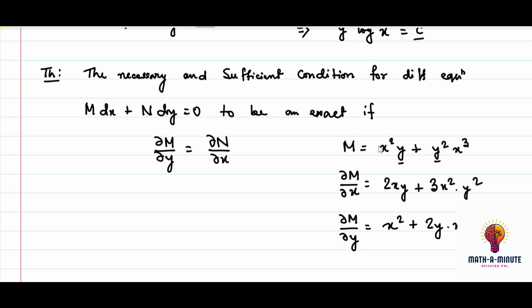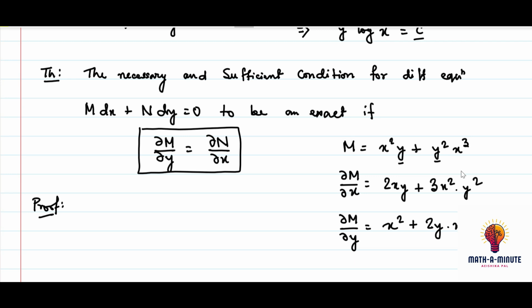So it says that if there is any exact equation, then it definitely follows this condition: del M del y equals del N del x. Okay, so we can also prove this. The proof is not that important, but let me explain why.